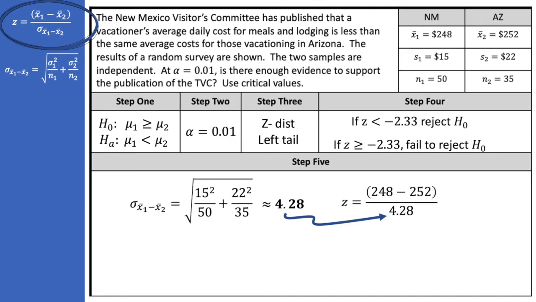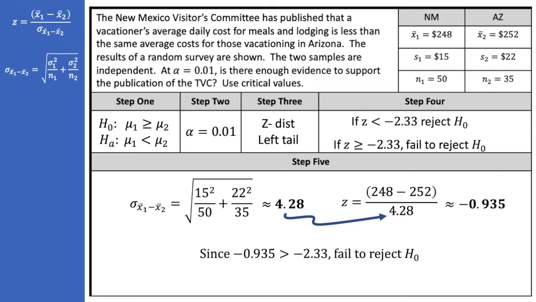Now we take the difference in the means, 248 from New Mexico minus 252 from Arizona. Plug all that into your calculator and we get a z-score of negative 9.35. And since negative 9.35 is greater than negative 2.33, we'll fail to reject the null. So therefore, it's likely that the cost in New Mexico is not less than the cost in Arizona.